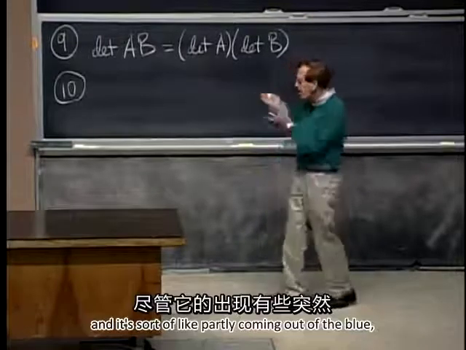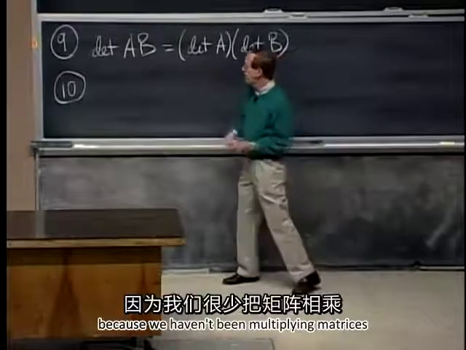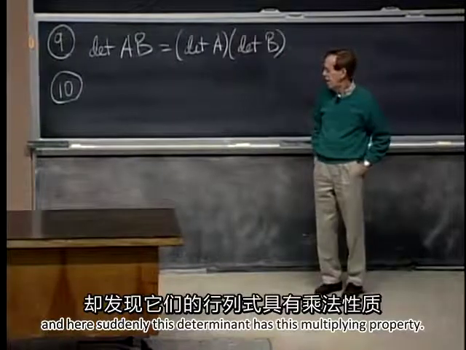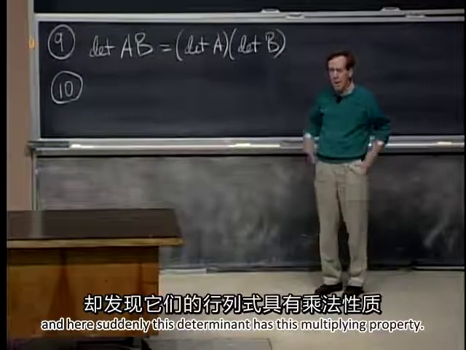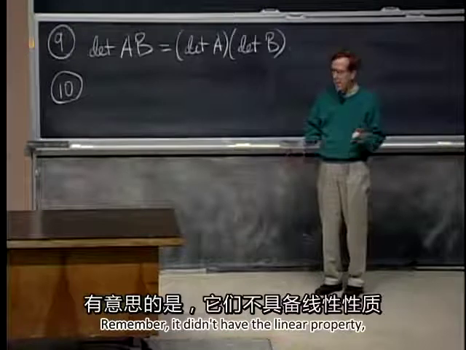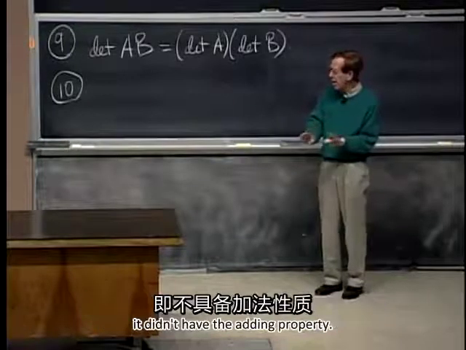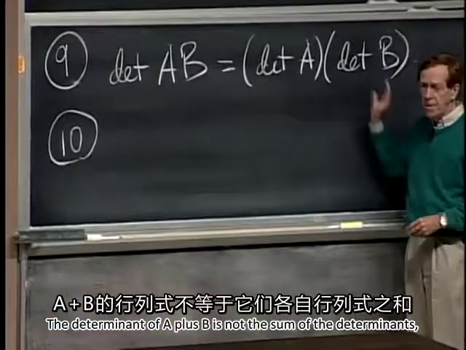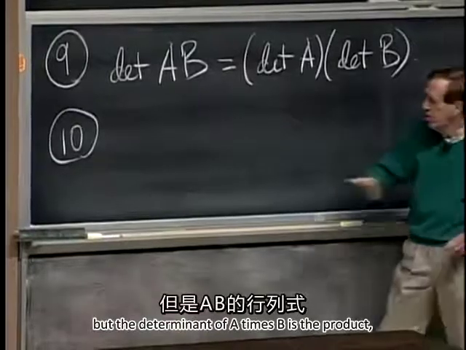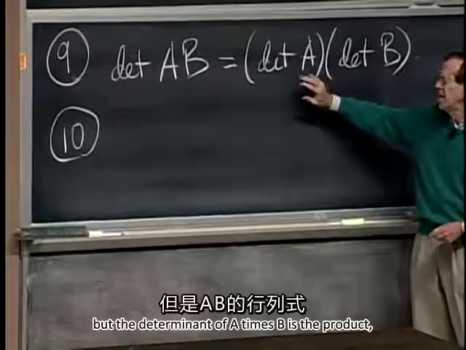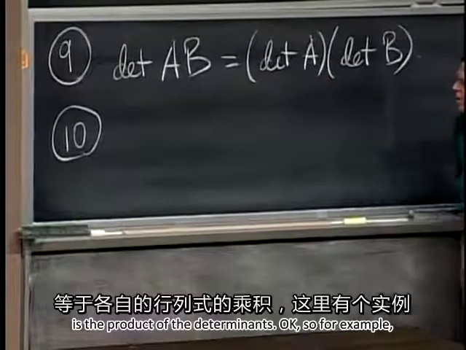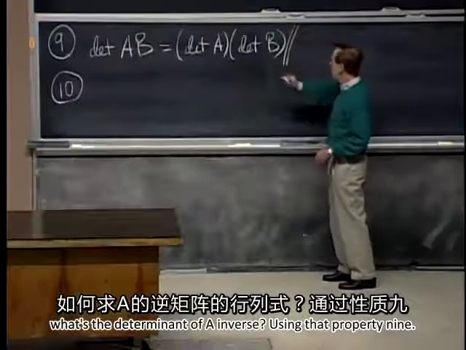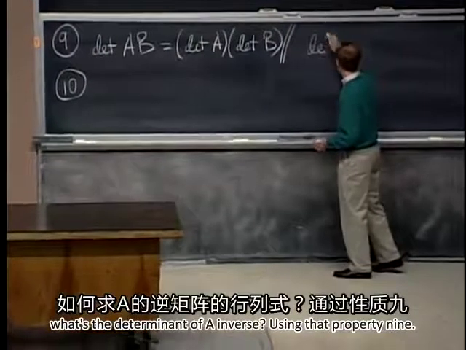It's sort of coming out of the blue because we haven't been multiplying matrices. And here suddenly, this determinant has this multiplying property. Remember, it didn't have the linear property. It didn't have the adding property. The determinant of A plus B is not the sum of the determinants. But the determinant of A times B is the product of the determinants. Okay. So for example, what's the determinant of A inverse?